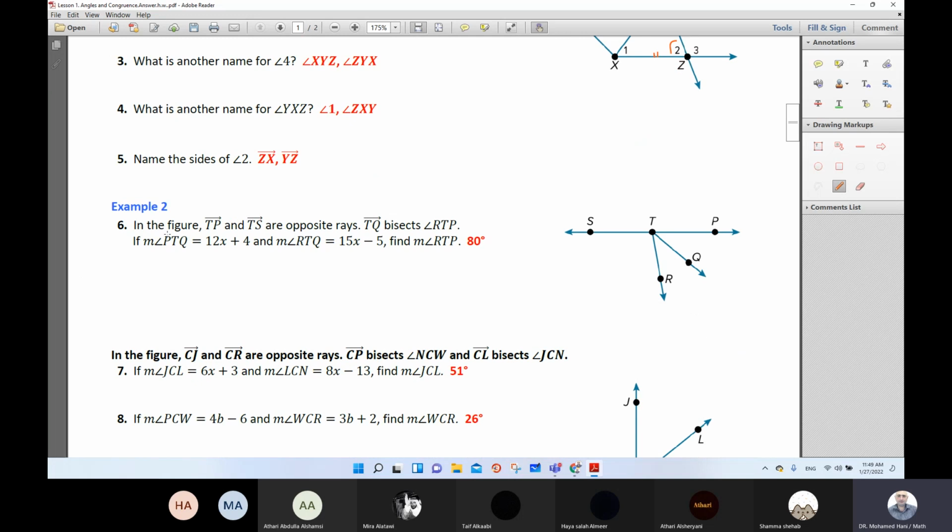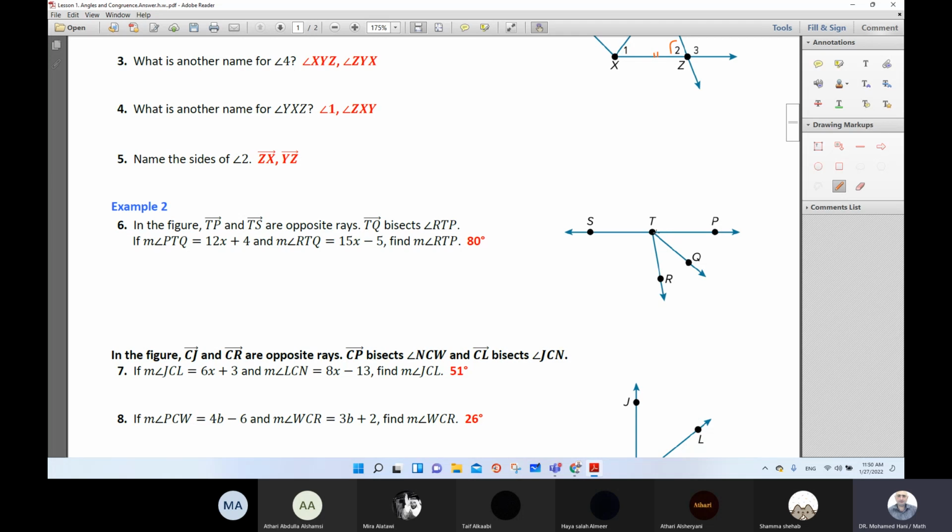In the figure, line TV, and this is here line TV, and TS, and this is line TS, are opposite rays. This is for the right and this is for the left. The ray TQ bisects angle RTB.